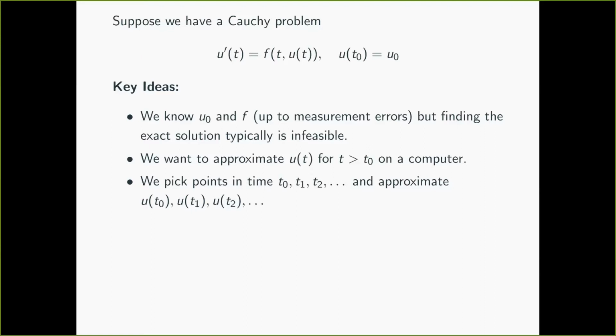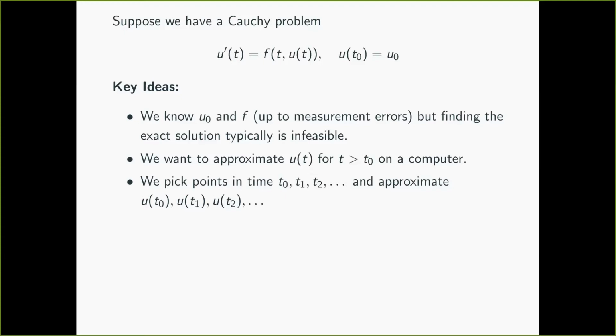So the underlying problem is that we want to know an approximation for u of t for some time t after the initial condition. Maybe we are only interested in knowing the solution after some fixed time t. Maybe we have a physical process and we want to know where that physical process is after maybe 10 seconds.